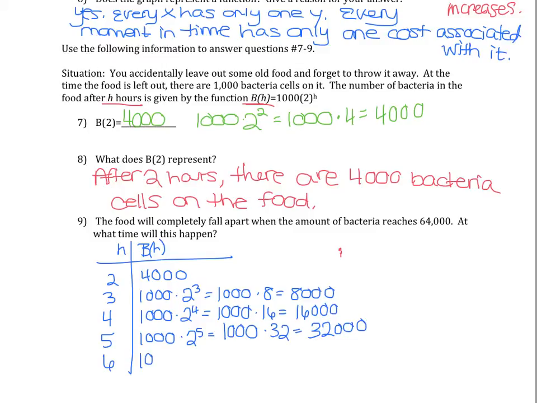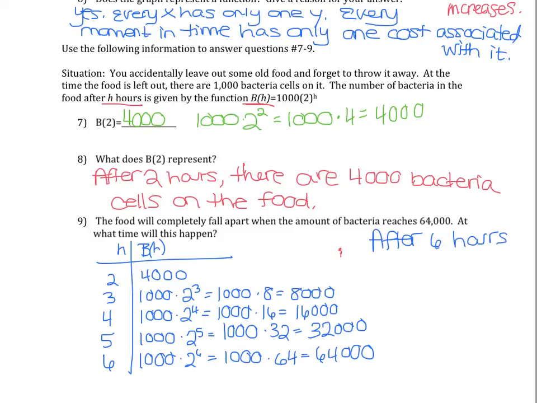At 6, we have 1,000 times 2 to the sixth, which is 1,000 times 64, which is 64,000. Therefore, at what time will this happen? It will happen after 6 hours.